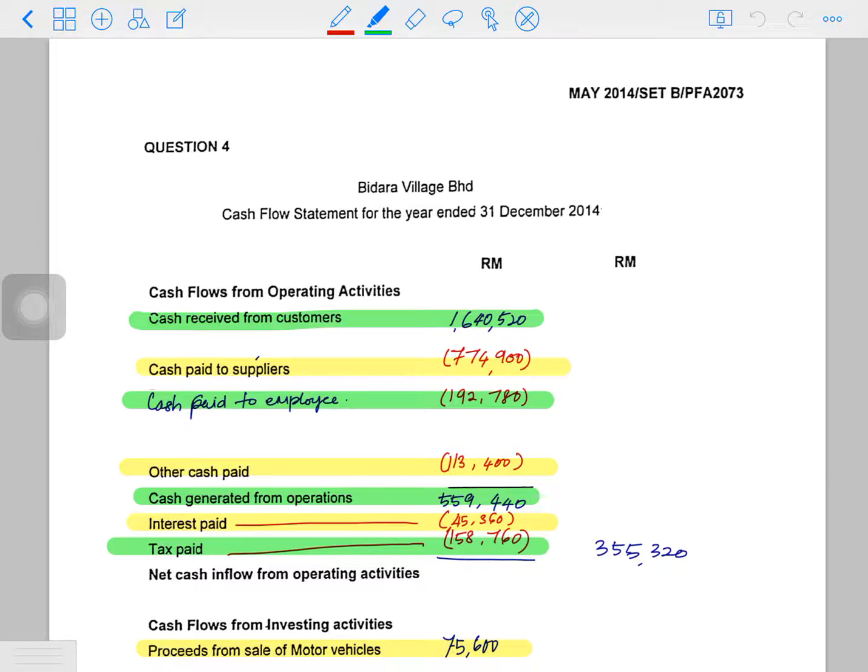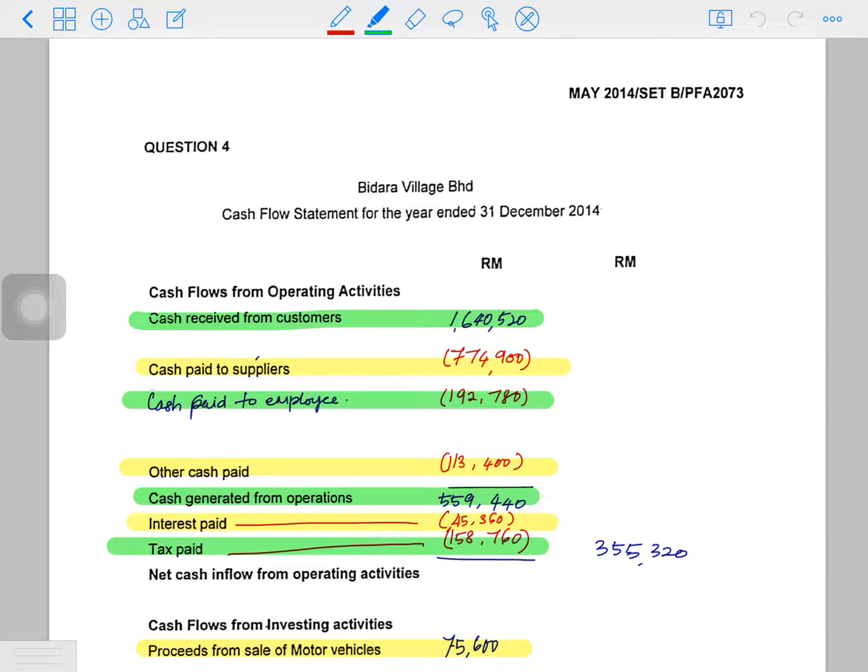Normally these changes should equal what we have calculated in the cash flow of net increase or decrease in cash and cash equivalent. If you have the same amount, that means your calculation and preparation of cash flow is correct.